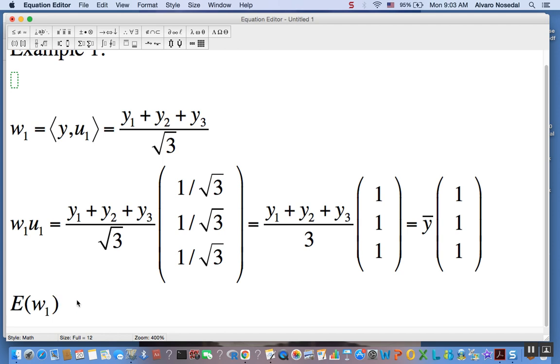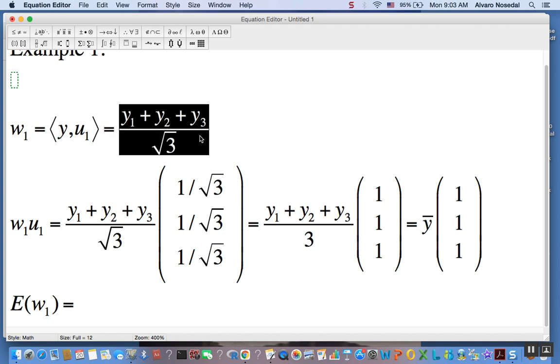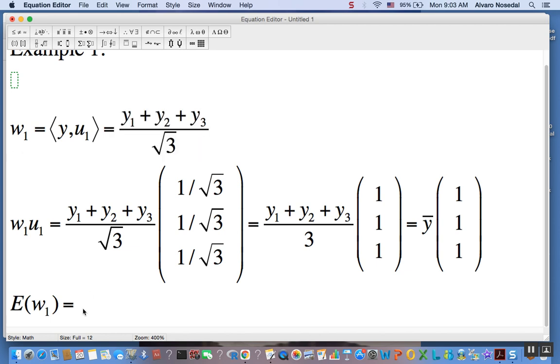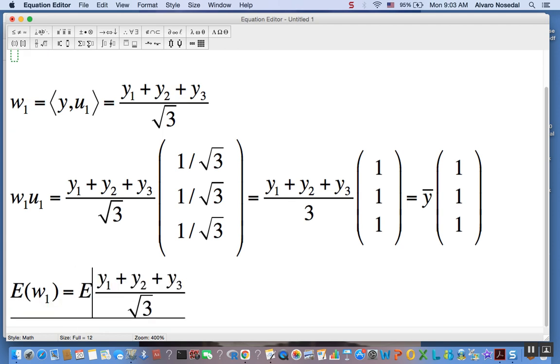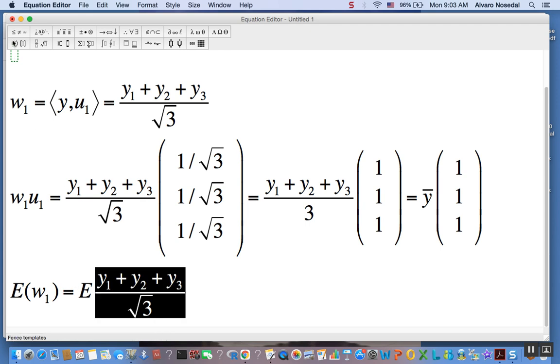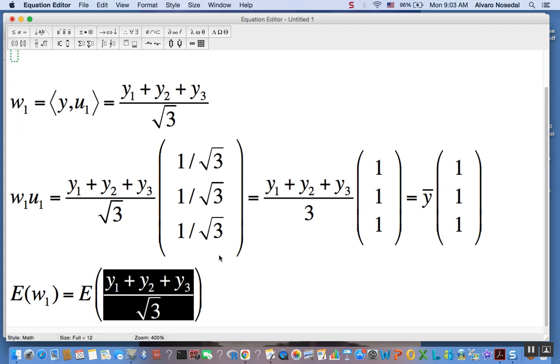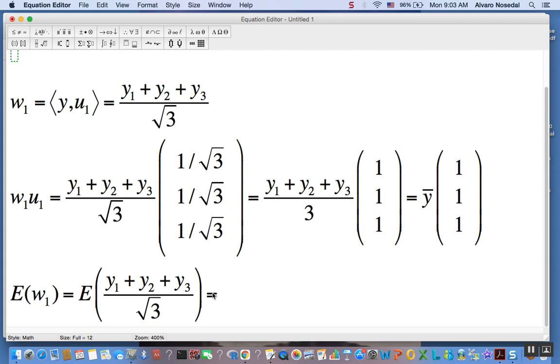So it's the expected value of a sum. So it's going to be the sum of expected values. So it's this. This is a constant.